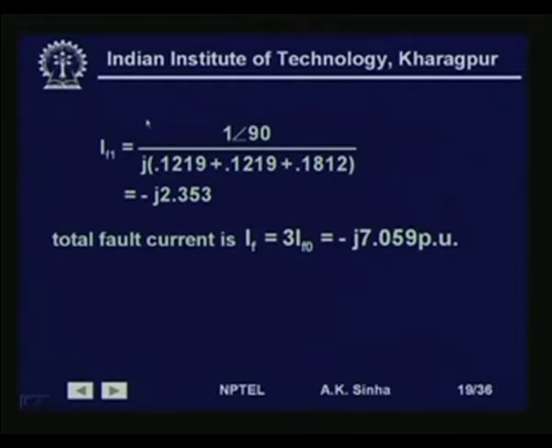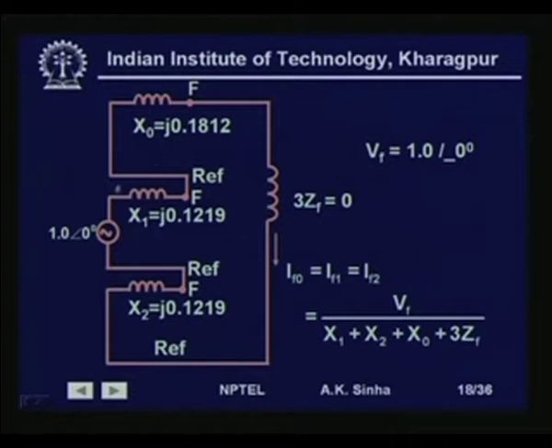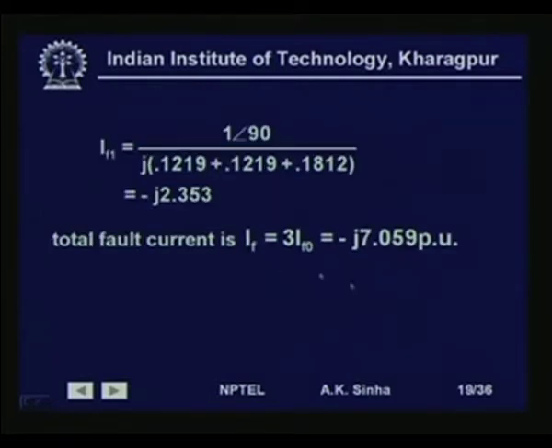So we substitute the values. So IF1 is equal to, I am sorry, this should be 0 degrees, this is the voltage source. So 1.0 angle 0 degrees divided by X1 plus X2 plus X0.